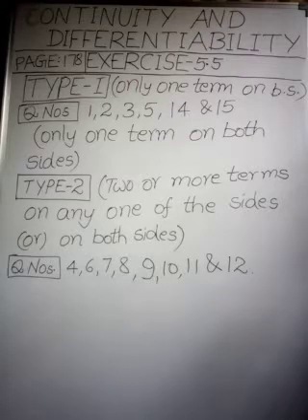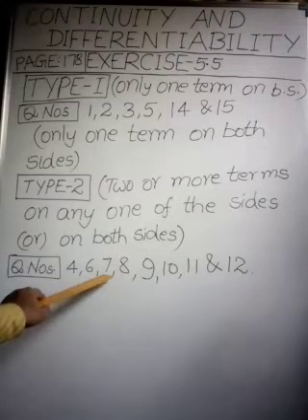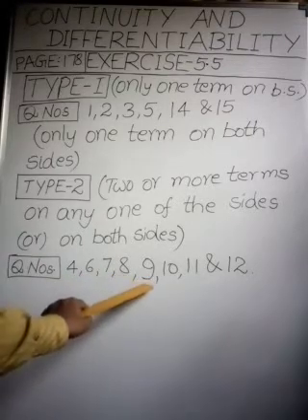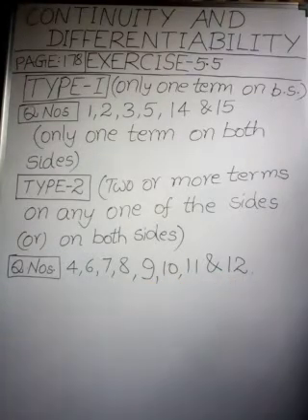By using logarithmic differentiation. The question numbers 4, 6, 7, 8, 9, 10, 11 and 12 are all of type 2. If you observe these questions, the functions are defined as sum of two terms.